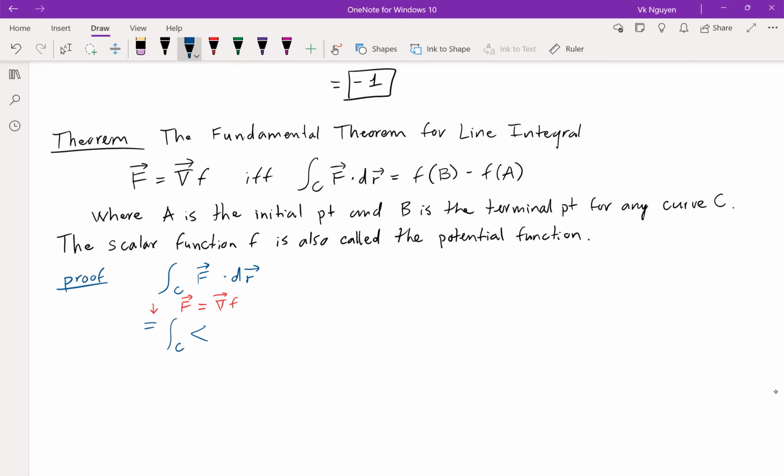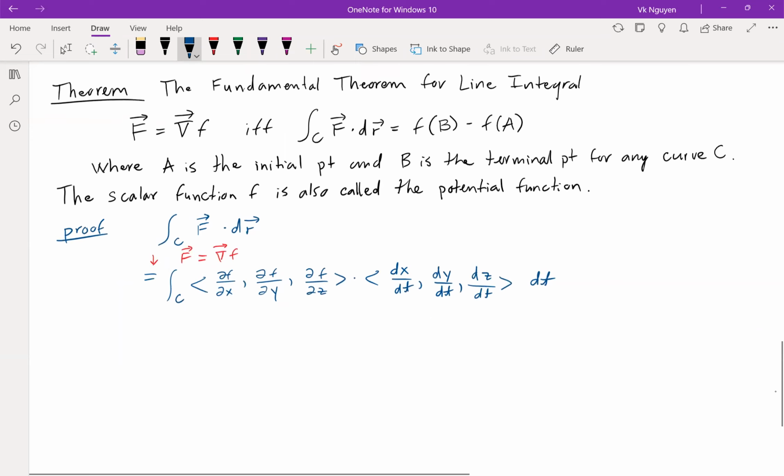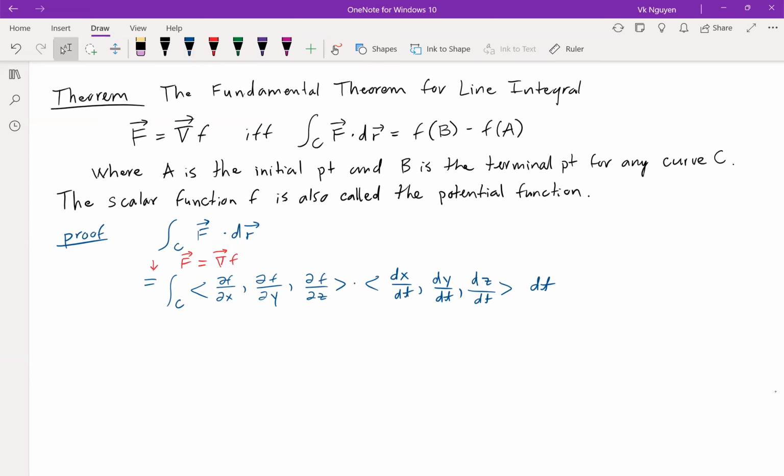So this is going to be partial f with respect to x, partial f with respect to y, partial f with respect to z. And then on the other side is the tangent vector: dx over dt, dy over dt, dz over dt. Work out the product.